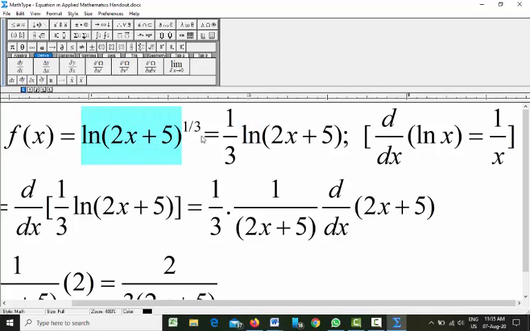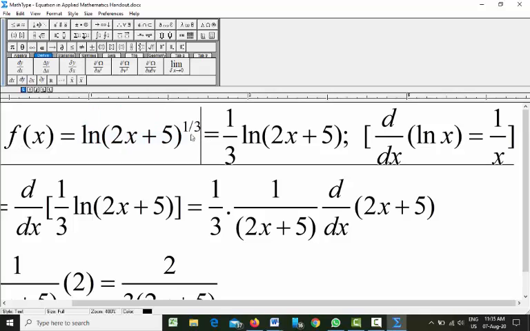Always remember, if you have a power in front of log, that power needs to move out from the power and go behind log.